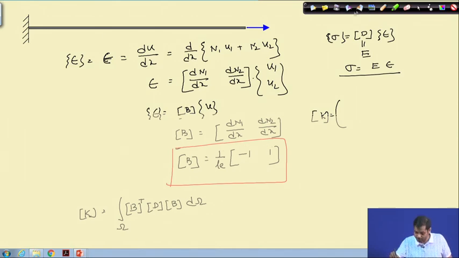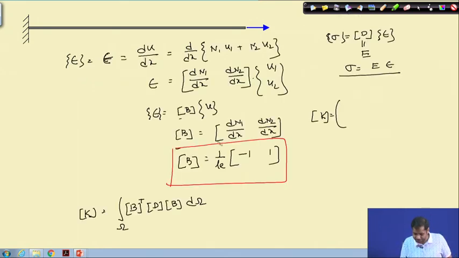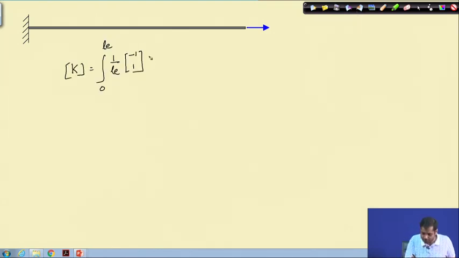So, the transpose of this will be 1 by L_E, and it becomes minus 1, 1. Then we have D, this D is essentially E. So we can write it as E, and then again B is 1 by L_E, minus 1, 1, and then dx, because it is integration over the length.